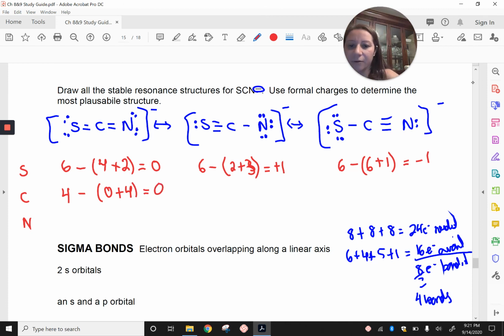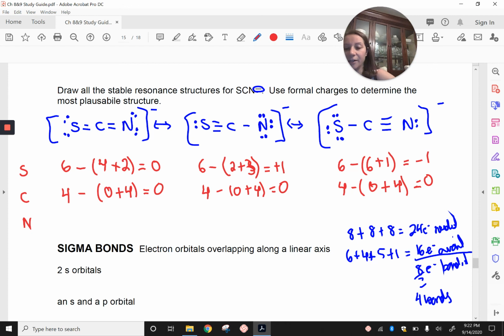Let's look at it here. 4 valence electrons minus, no lone pairs. 4 bonds again. 4 minus 4 is 0. Let's look at the carbon here. 4 valence electrons minus, no lone pairs, and then 4 bonds. So in all of them, the carbon is just 0.